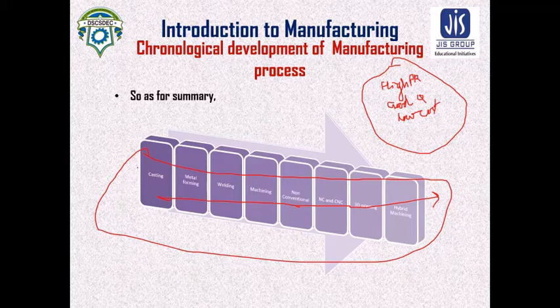The main important thing here is that from the beginning of civilization, manufacturing has been there, and that manufacturing developed as per demand, as per need. Right now, this is the age of 3D printing, or the age of regenerative process.